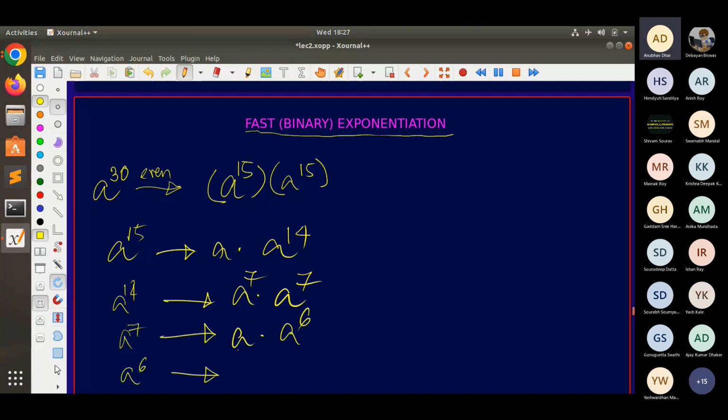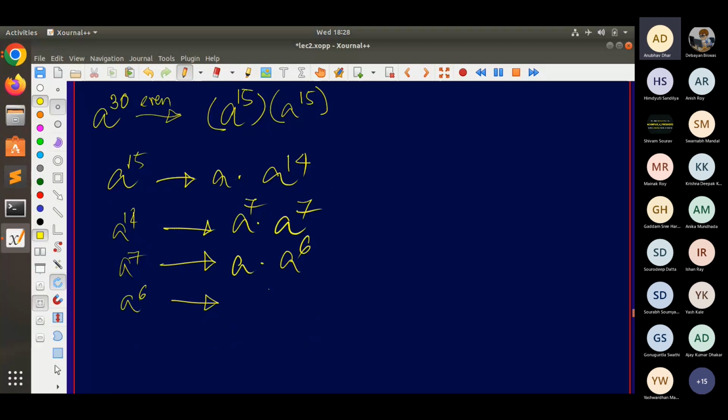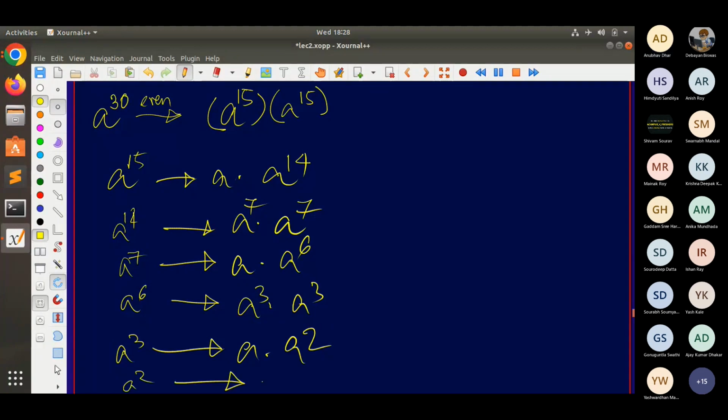And you can go till you reach a or e to the 0, something like that. E to the 3 is a into a squared. A squared is a into a. So convince yourself that this is a lot faster than actually computing a by multiplying a 30 times, right?